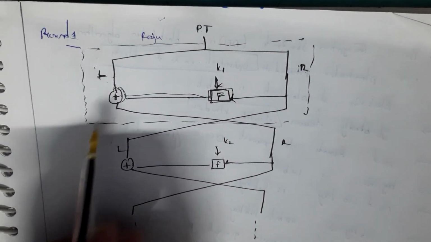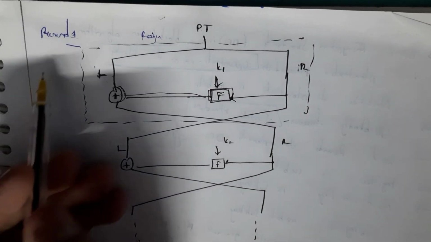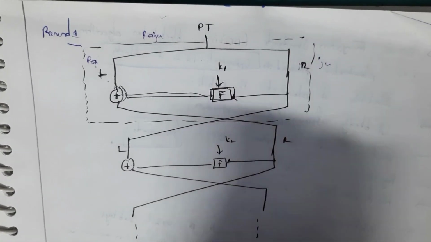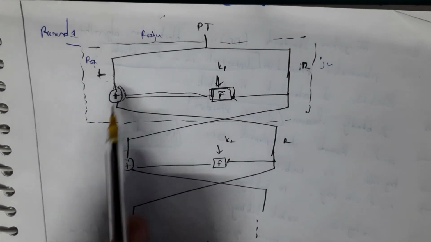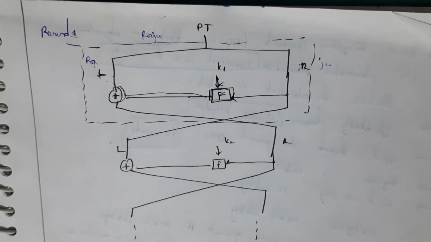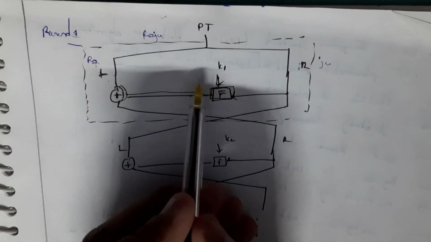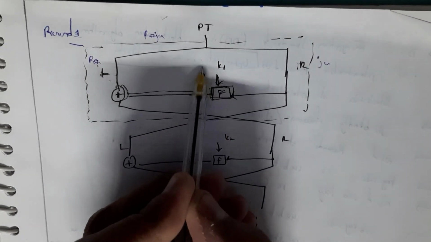I will divide this name into two halves, RA on one side and JU on the other, and then I will XOR. This plus symbol is known as XOR. I will XOR RA with one key. For example, the key is H.